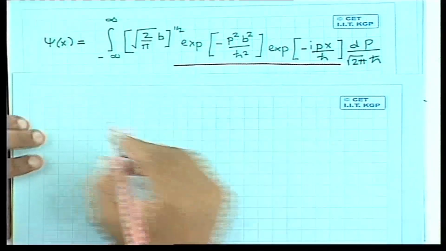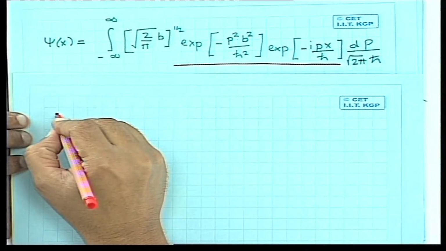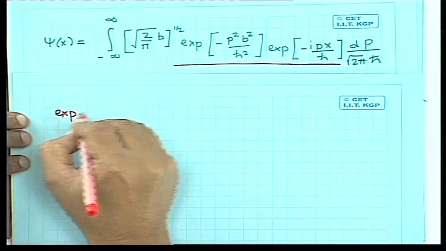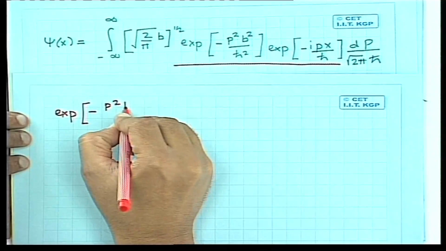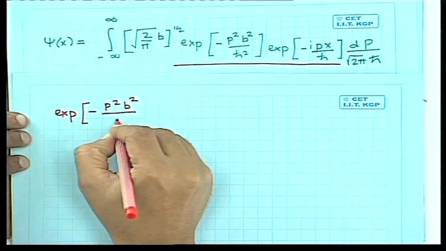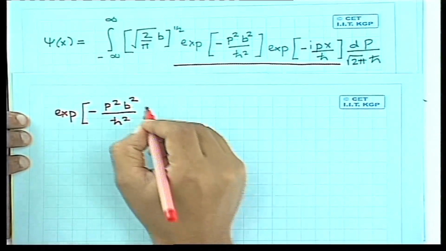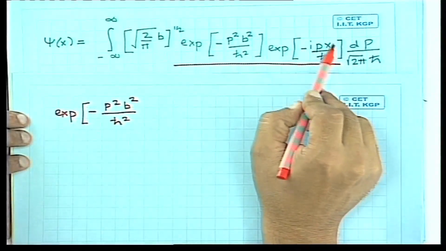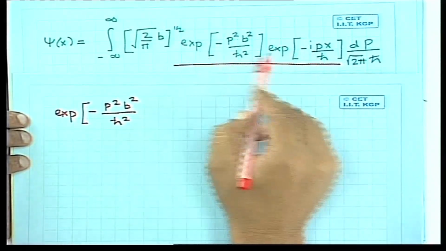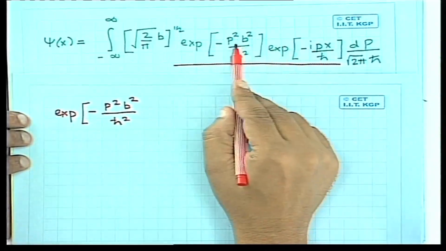So what are these two terms? These terms are exponential minus p squared b squared by h cross squared, and I can include this inside the exponential because the product of these two is the sum of these two terms.